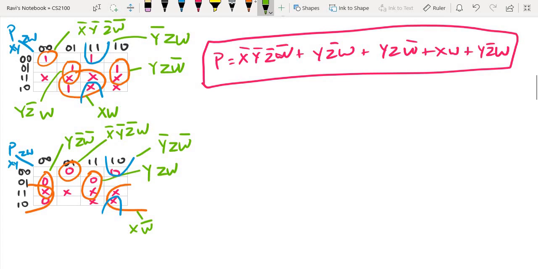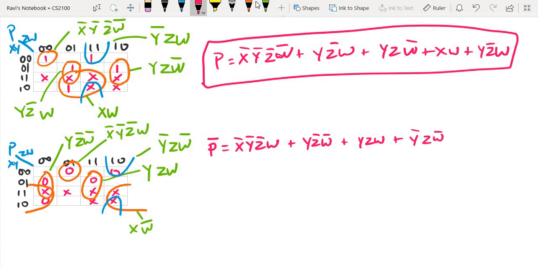The way to go about doing this is to understand that since we are grouping the zeros, this min term expression is actually an expression for P bar, not P. So I'm going to write it as a min term expression, but now this is actually a P bar expression. So it is X bar, Y bar, Z bar, W plus Y, Z bar, W bar plus Y, Z, W plus Y bar, Z, W bar plus X, W bar.